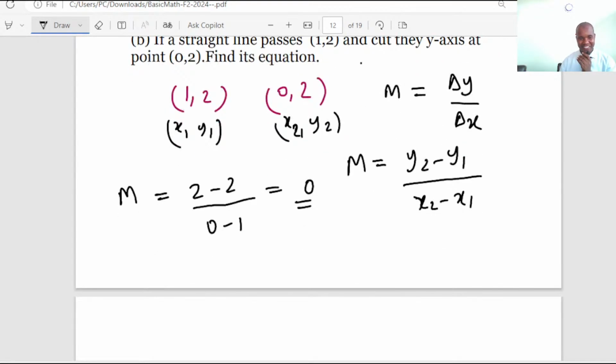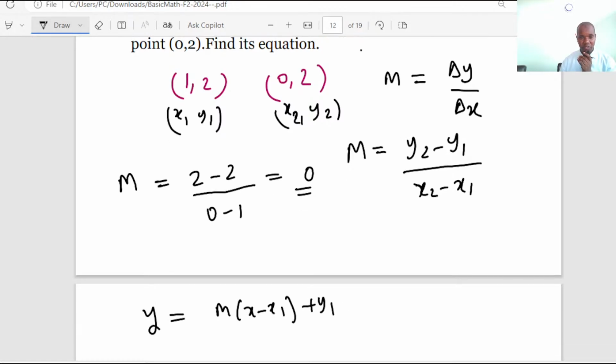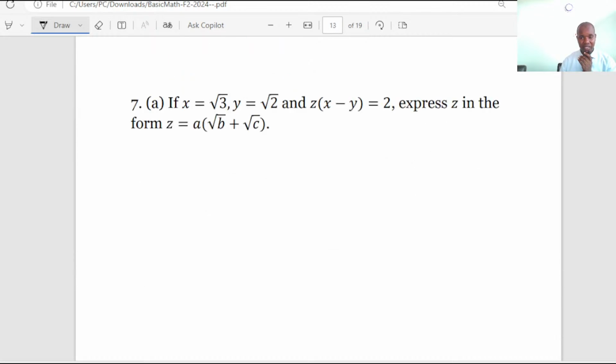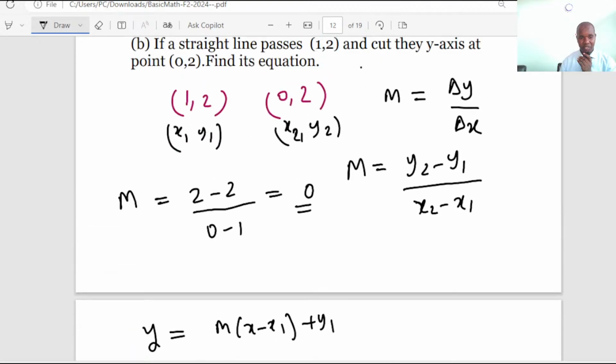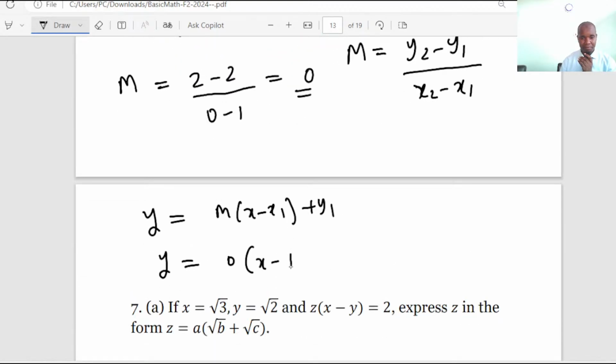It is quite interesting. So what will be the equation? From our point slope equation, y equals m times x minus x1 plus y1. You're going to plug these values here. So y equals slope of 0 times x minus x1, and x1 was 1, plus 2.